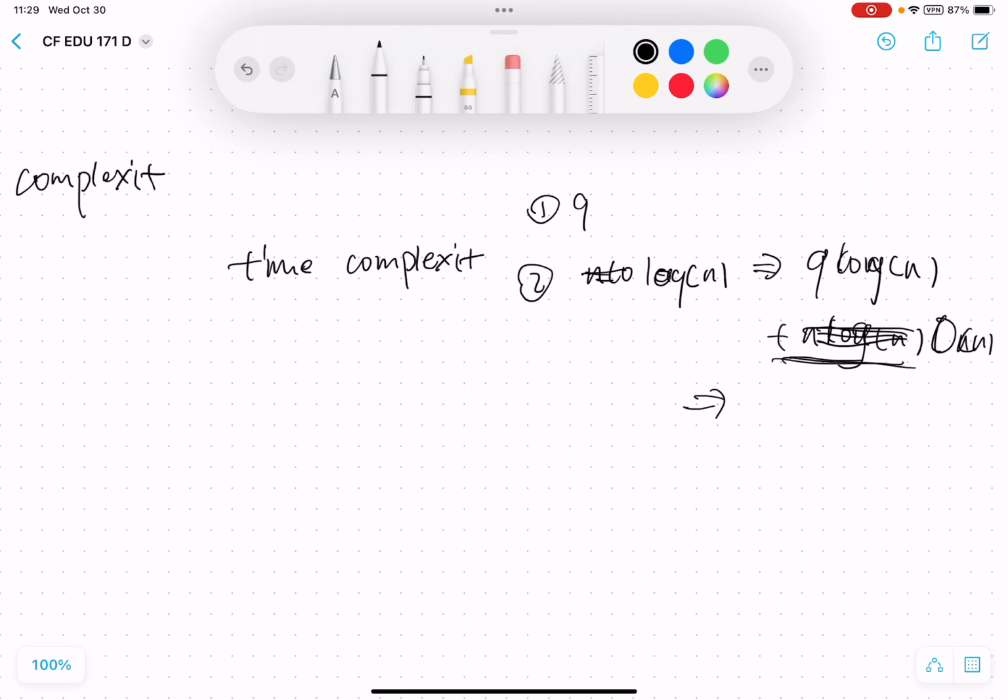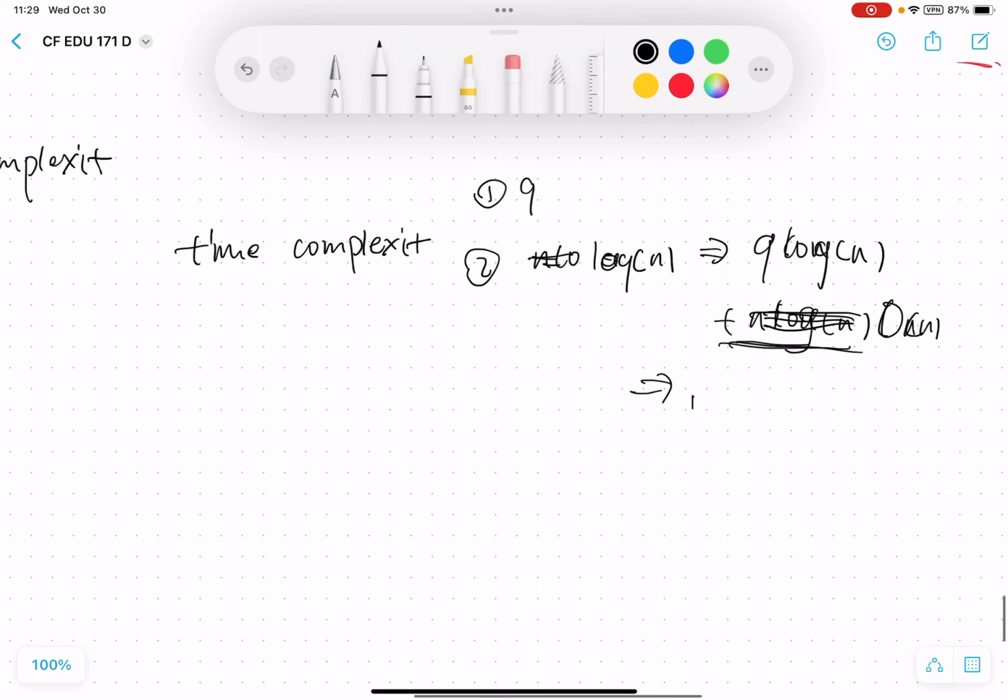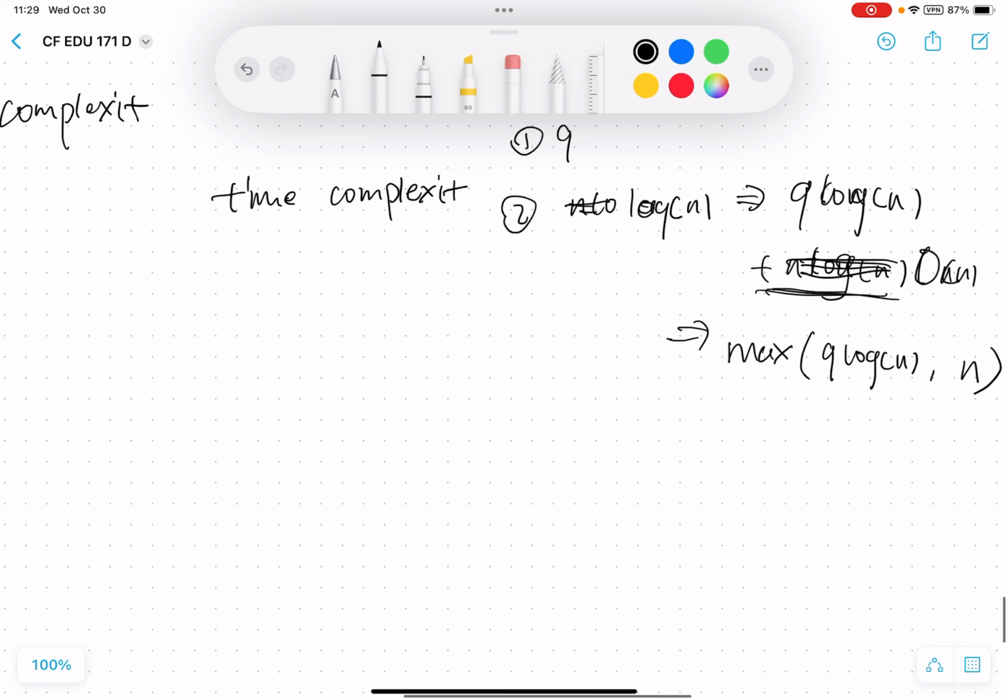So the time complexity will be max of Q log n and n. This is the time complexity. For the space complexity, we don't need extra space. The only thing we need to store is the array or vector. So the space complexity will be O(n).